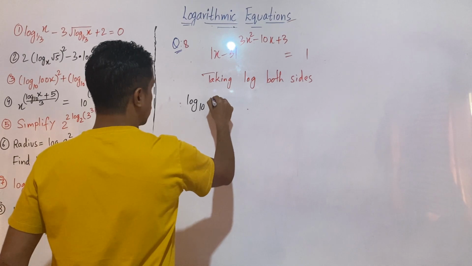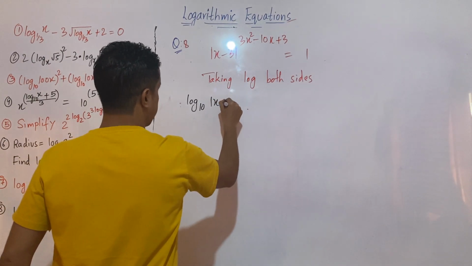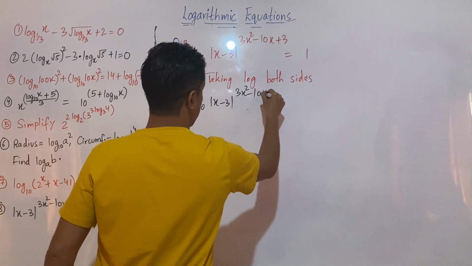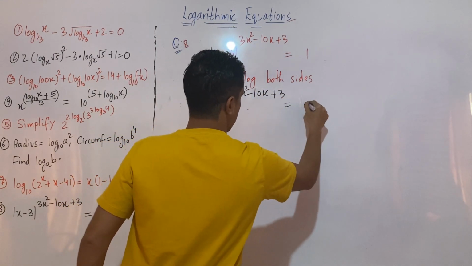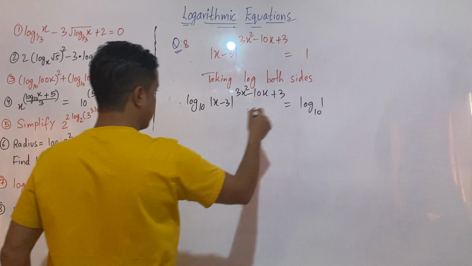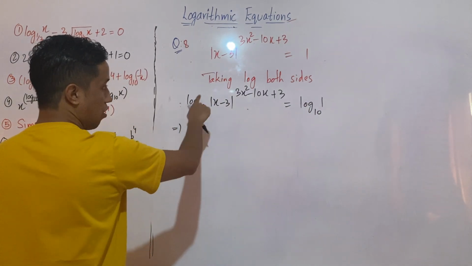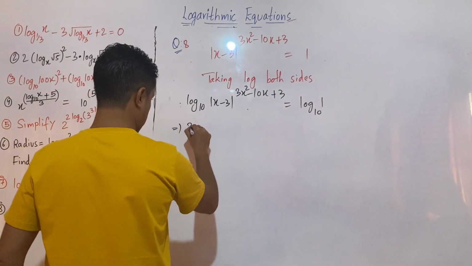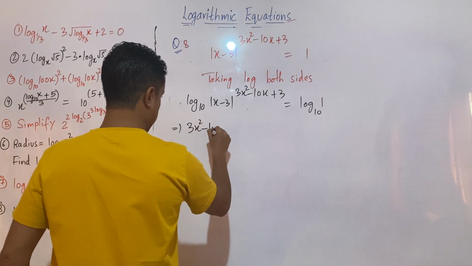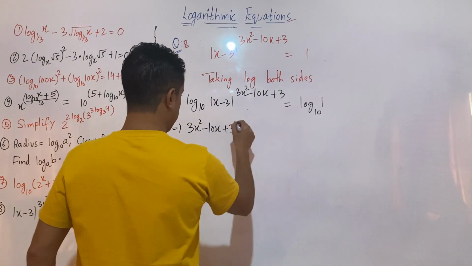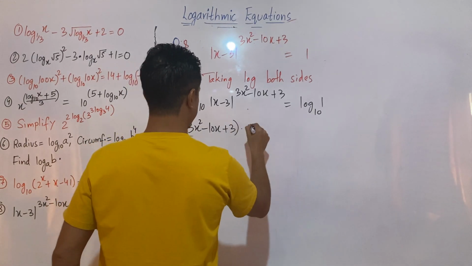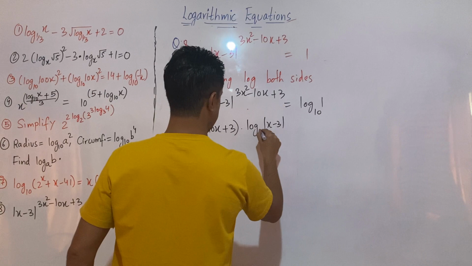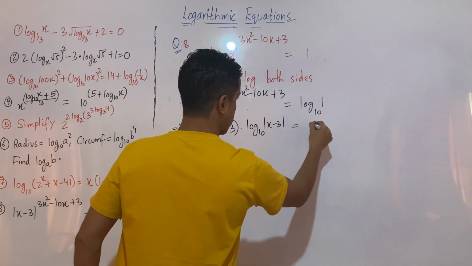So it's going to be modulus x minus 3 raised to the power, and here log 1 to the base 10. So log of x raised to power n is n log x: 3x squared minus 10x plus 3 times log of modulus x minus 3 base 10 is equal to 0.